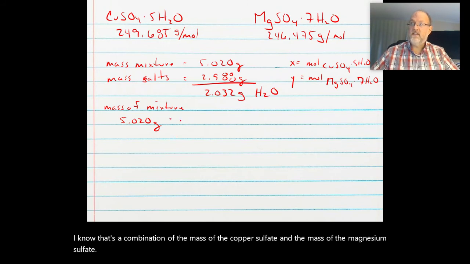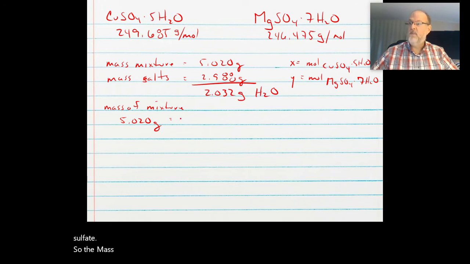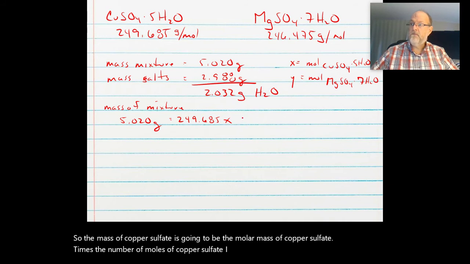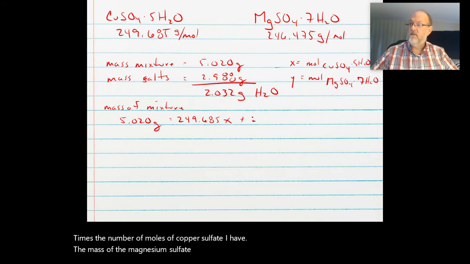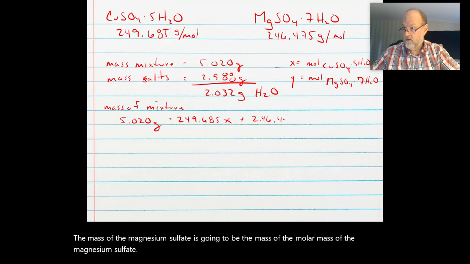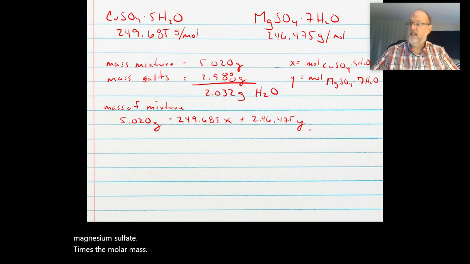So the mass of copper sulfate is going to be the molar mass of copper sulfate times the number of moles of copper sulfate I have. The mass of the magnesium sulfate is going to be the molar mass of the magnesium sulfate times the number of moles of magnesium sulfate.